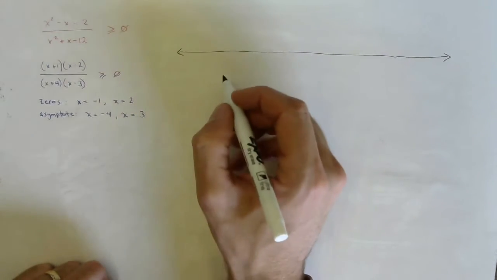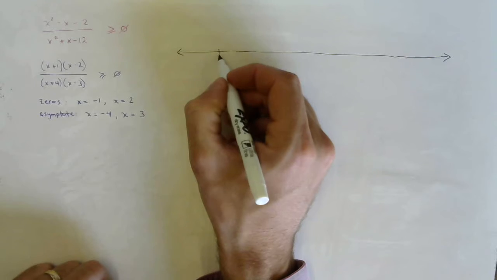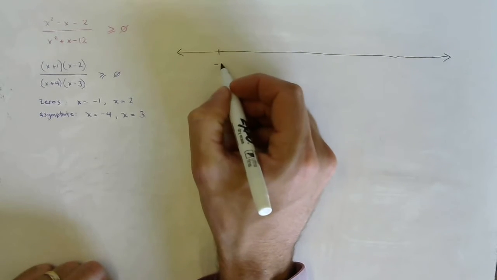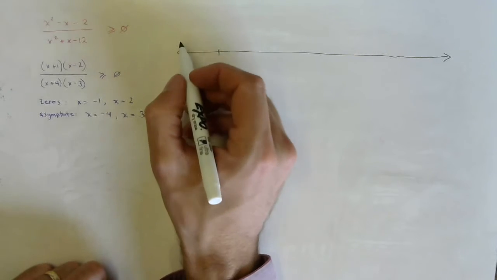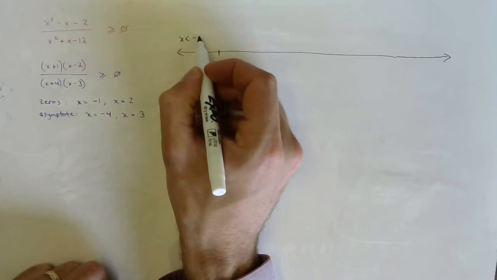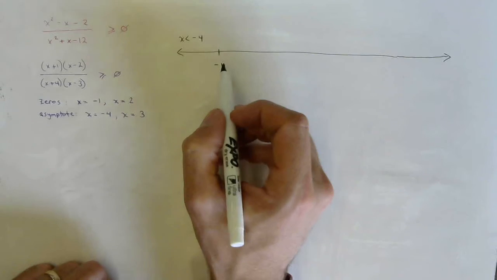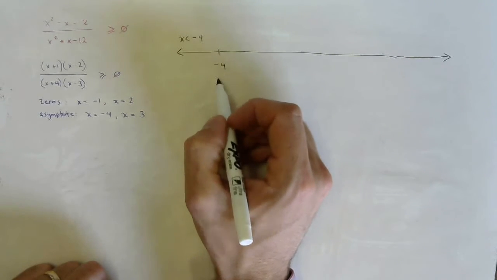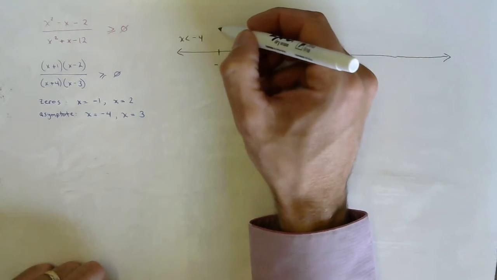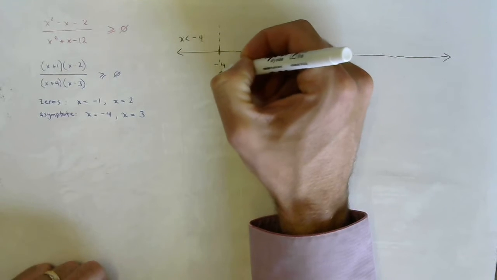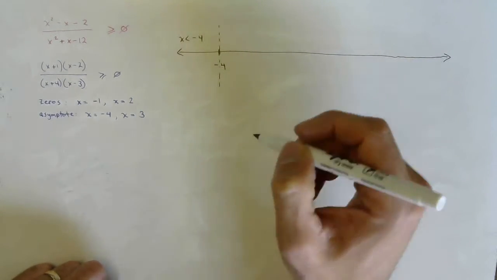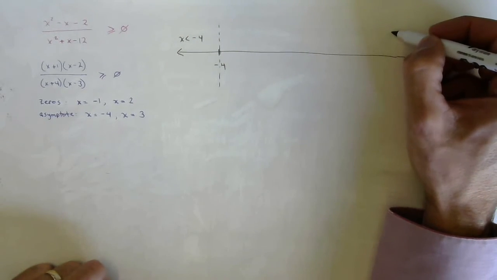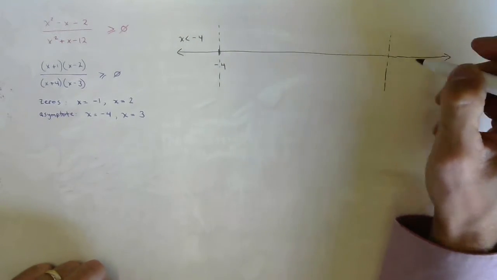Okay, and our leftmost point of interest is x equals -4. So the interval involved here is x less than -4. And then we have what's happening at x equals -4. I'm going to use a dotted line there just to represent the asymptote. And we have an asymptote at +3 as well.